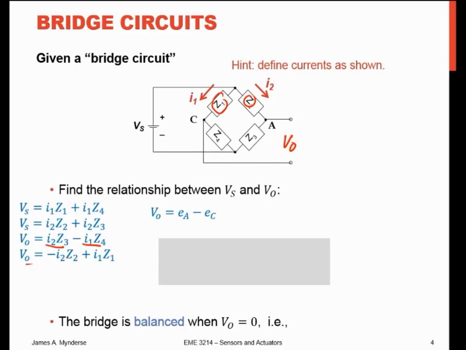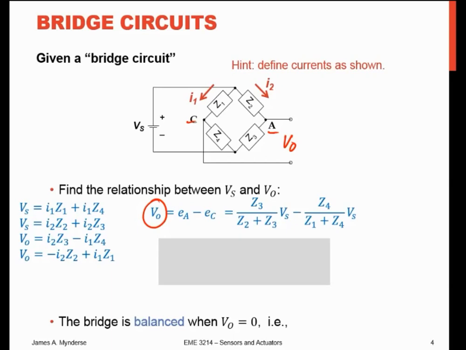But what we're going to do here is essentially think of it as two voltage dividers, one on each side. I have the voltage at A, and I have the voltage at C, and my output voltage is the difference of those two voltages.